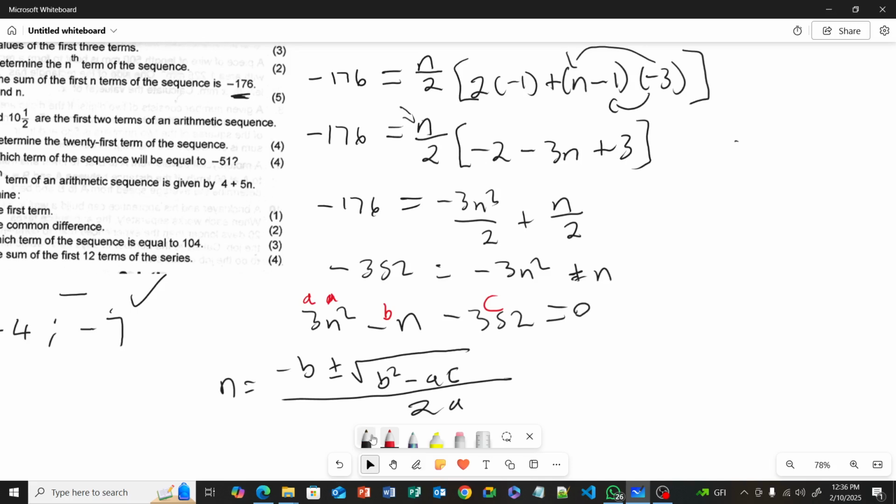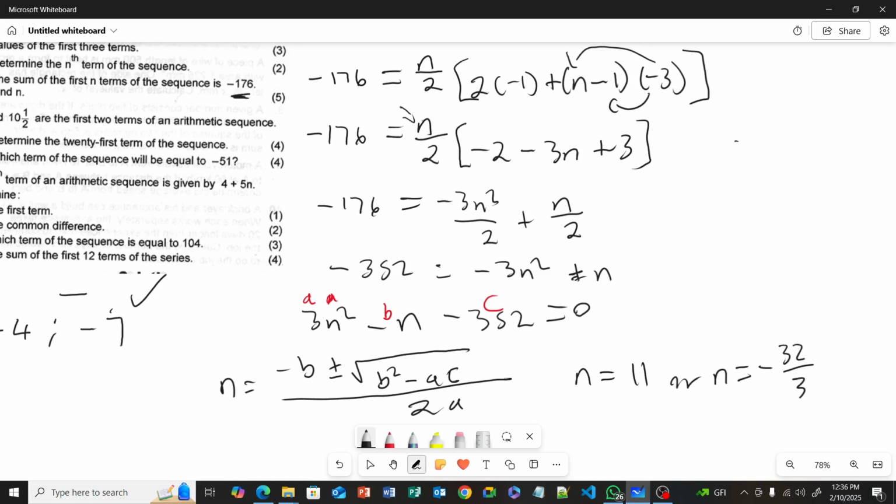Okay, now after putting everything together, you'll realize that you get two values. You'll get n equals 11, or n equals negative 32 over 3.